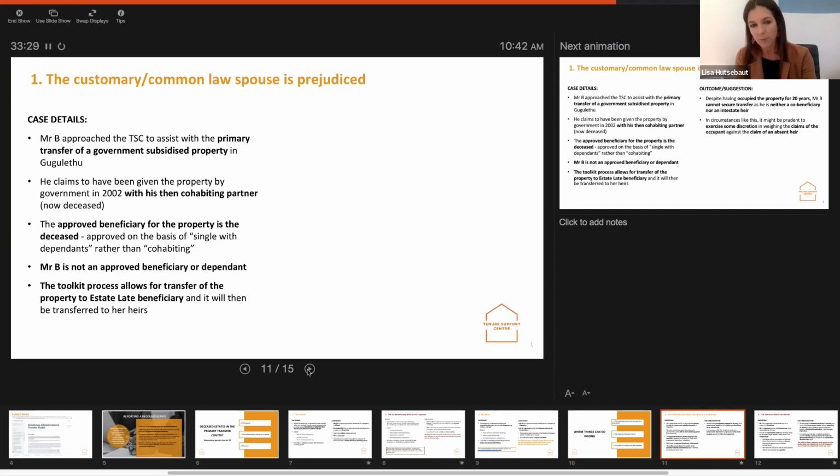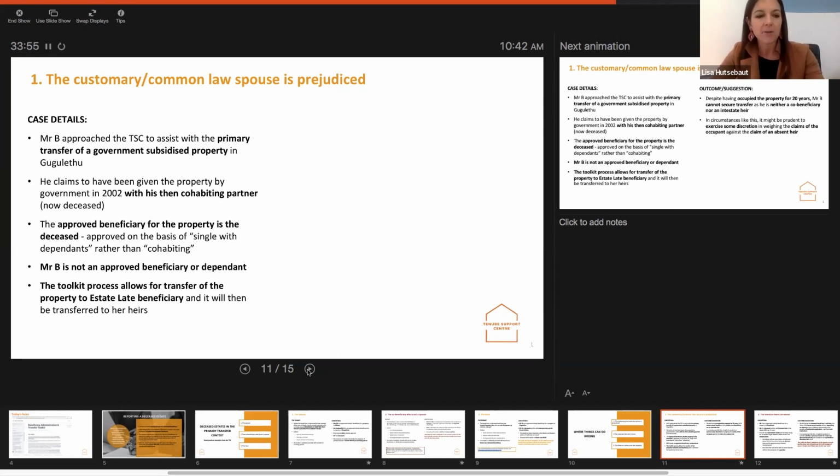There was no approved co-beneficiary, Mr. B. So the third scenario is, well, there must be other heirs, and there are. The heirs are her children, who are in fact also his children. In an ordinary scenario, we would say, fine, go ahead and transfer to estate late deceased, and then let her children secure the transfer to themselves as heirs.